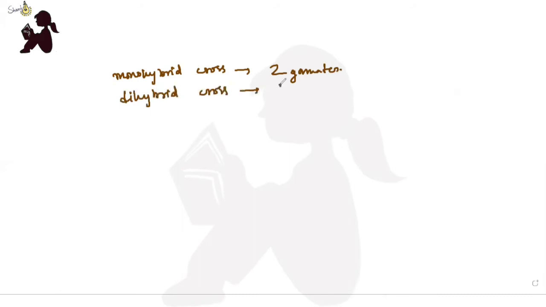So, we know that in monohybrid cross, there were 2 gametes, and in the dihybrid cross, we can see the production of 4 gametes. This is related with the formula 2 to the power n, where n represents the trait number or character number.